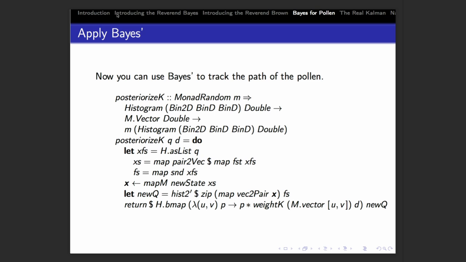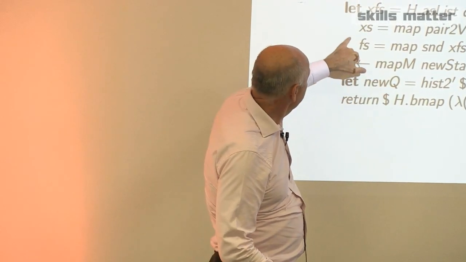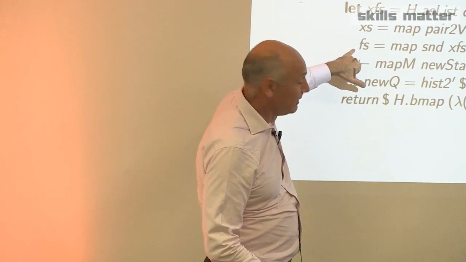So that's me turning the histogram into a list. Then I can update the state from the list monadically. Then I have to create a new histogram from the updated state, and I have to make sure it's weighted with the correct values from the original histogram.